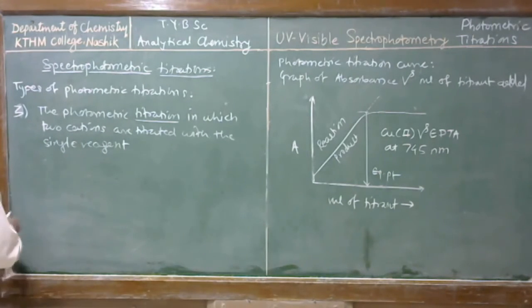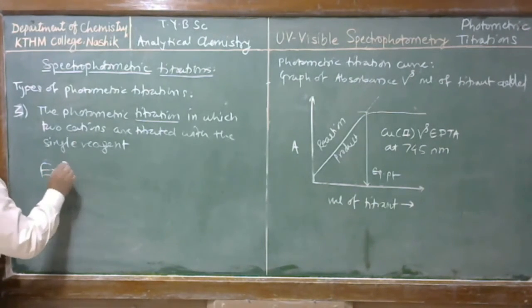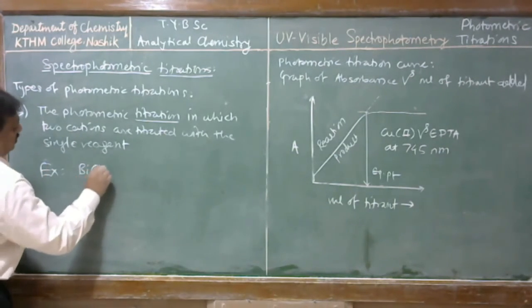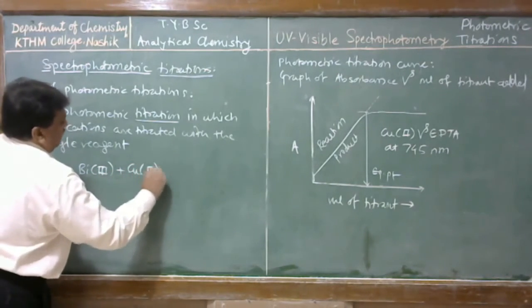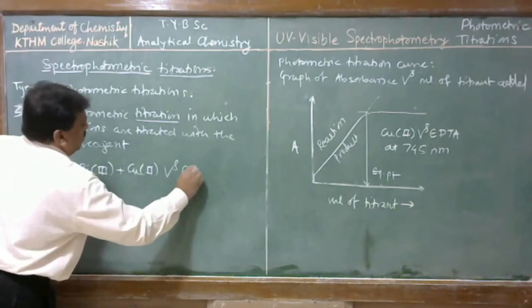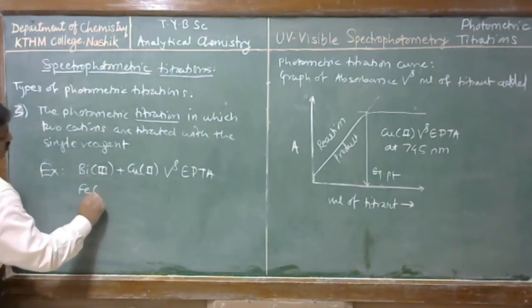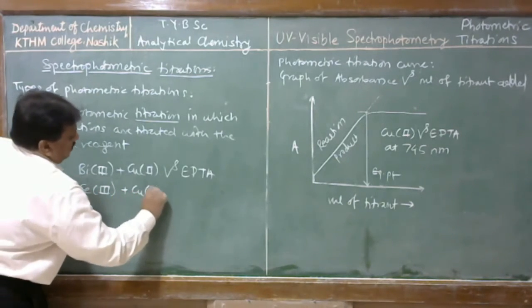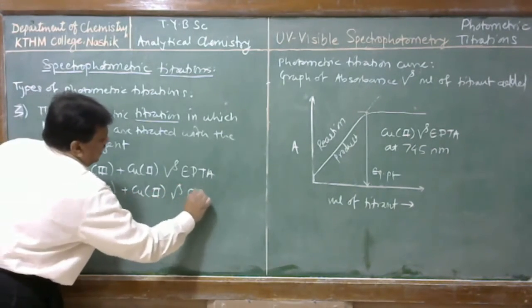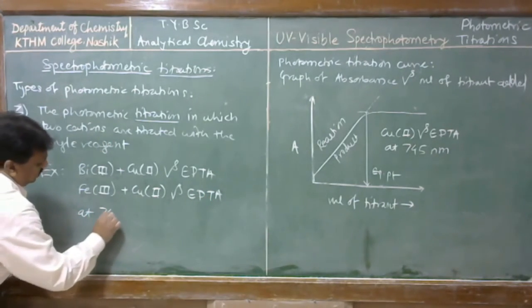For example, here we can titrate bismuth(III) metal ion plus copper(II) metal ion with the sodium salt of EDTA, or similarly we can also titrate iron(III) plus copper(II) with EDTA at a wavelength of 745 nanometer.